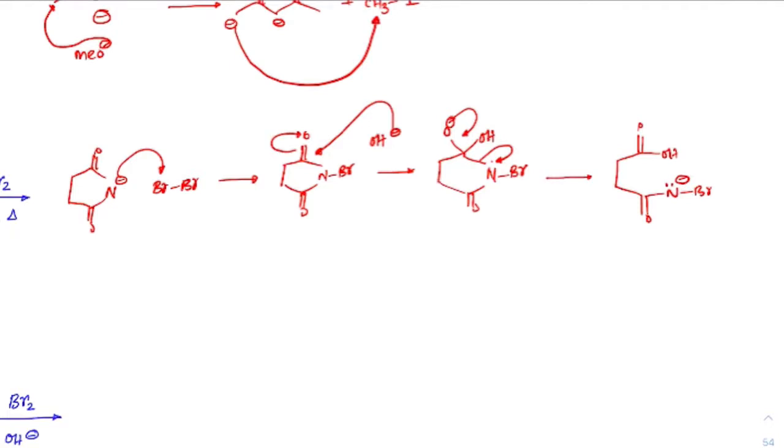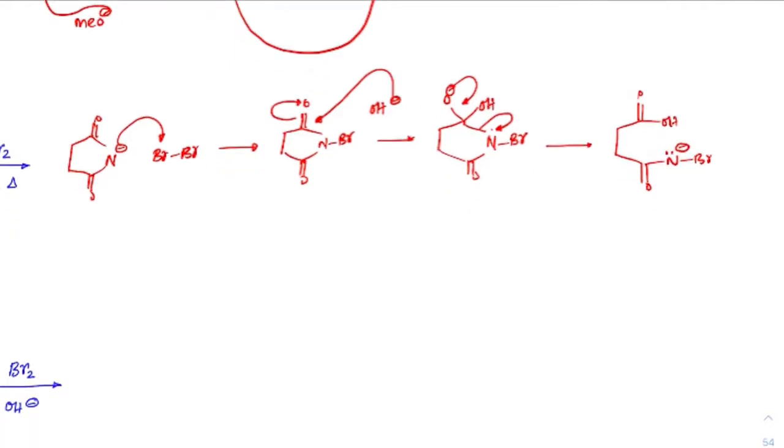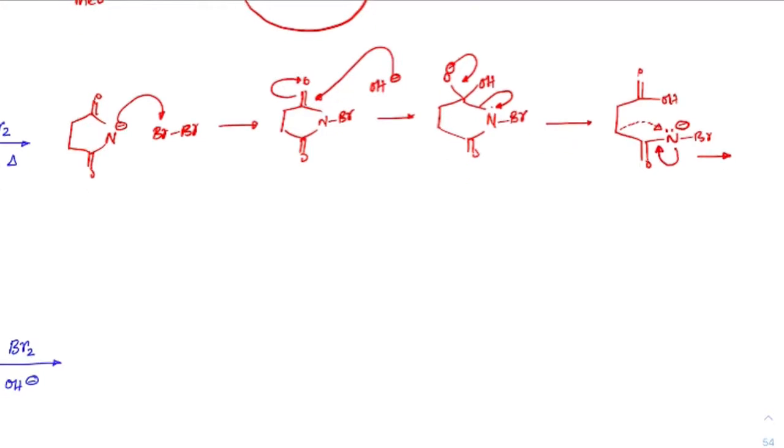You can see now again at nitrogen, we got to a situation where Hofmann bromamide degradation can be done. There is a withdrawing group which is bromine. So this alkyl will shift here, right? And this lone pair will become a pi bond.